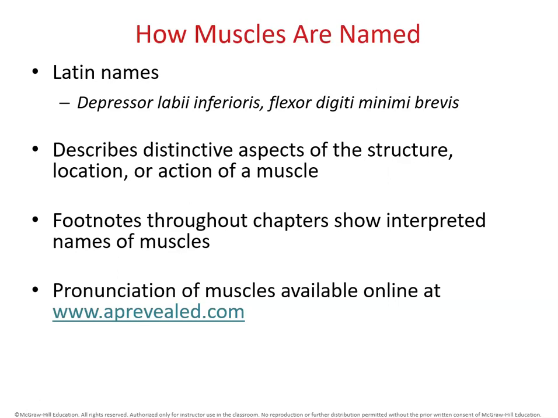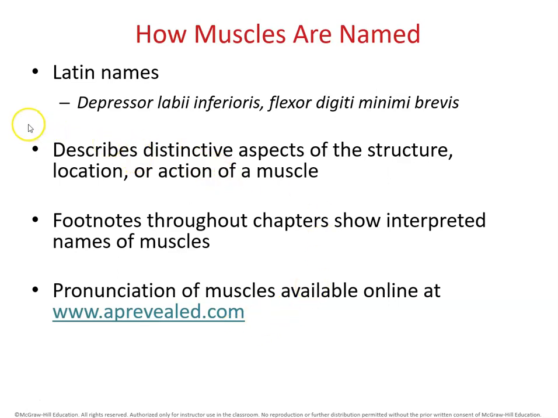So muscles have kind of complex names, and they're complex because we're trying to be very specific about the muscles. We have 600 of them, and if they all had short similar names, it could get very confusing.